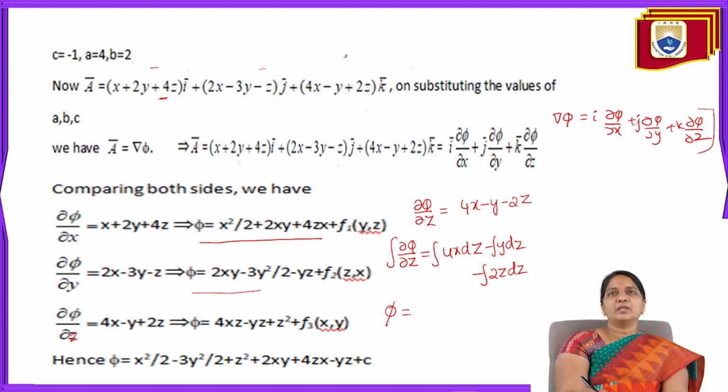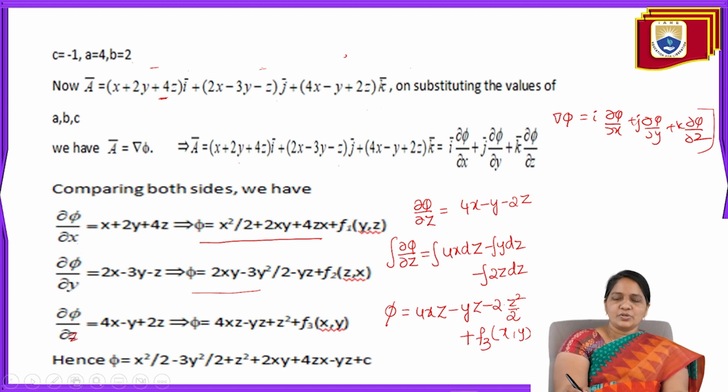So finally pi equals 4xz minus yz minus 2 into z square by 2 plus some constant, which I am treating as f3 of x comma y because I have done this with respect to z. So 2 will be cancelled. Finally pi equals 4xz minus yz minus z square plus f3 of x comma y.